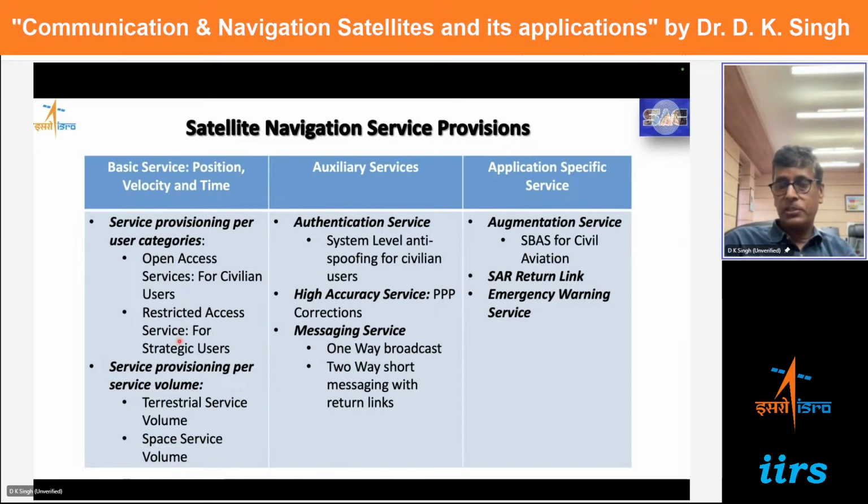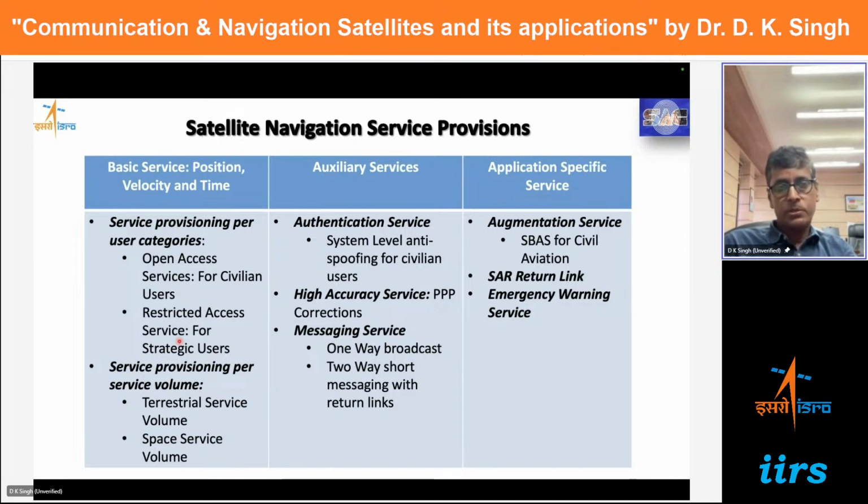We have two types of signal in our navigation. Actually the whole thing started in the Kargil war, when the Indian defense could not use GPS because the signal was denied to us, and the government of India decided to bring our own navigation system. That is where ISRO was given the responsibility to bring the IRNSS system.